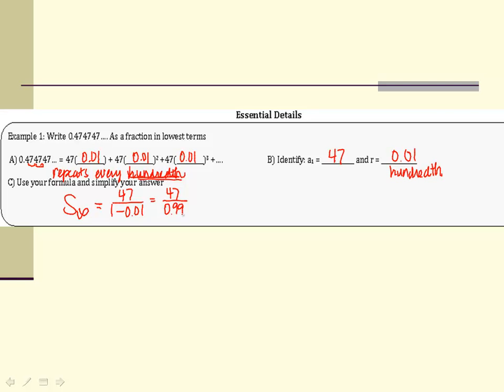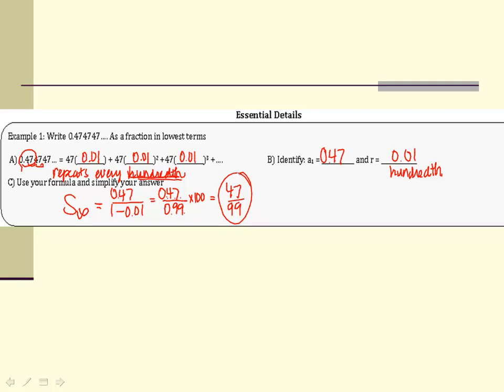Let me start this out again. It's 0.47, I apologize, because that's our first place. Now, you'll notice this is 2 decimal places in each term, so I'm going to multiply by 100, and I get 47 over 99. And the question is, if you can reduce it, you should. If not, we're going to leave it there.